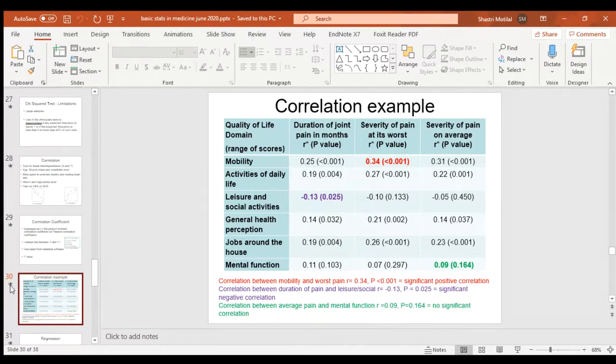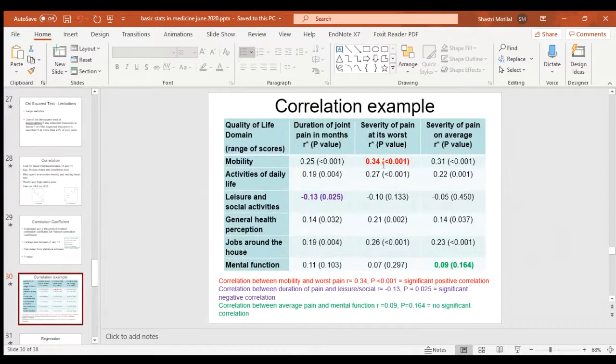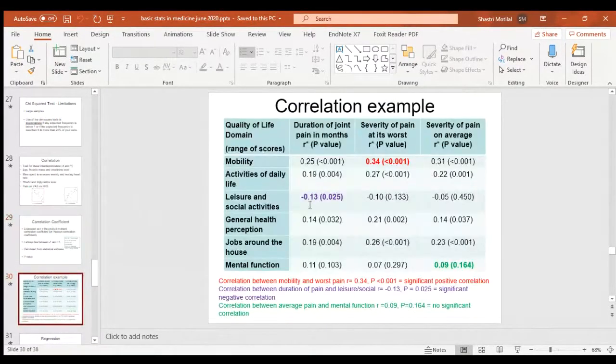So that means, if we go back to this, 0.3 means there's a relatively weak association, but it was an association that was significant between mobility and the severity of pain. How about leisure and social activities? Leisure and social activities, we see it was negatively correlated, -0.13. 0.13 for R means it's a very weak association, but it's a very weak association that was significant.